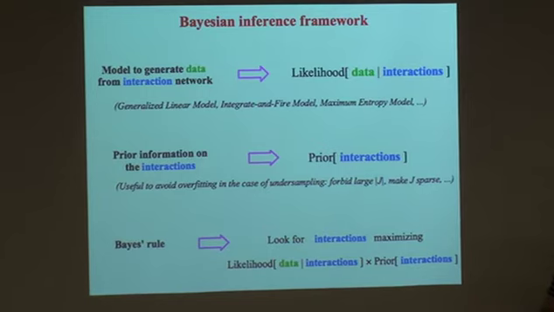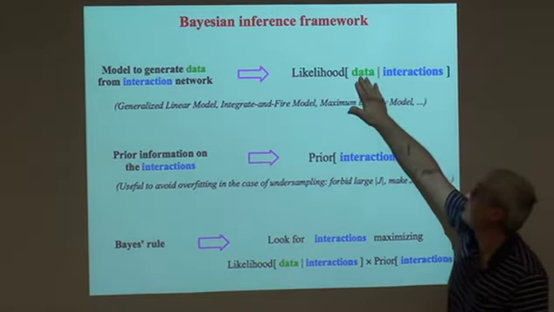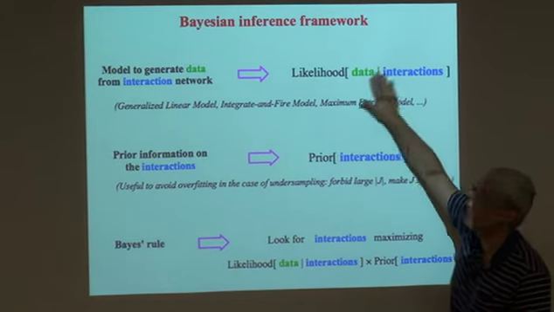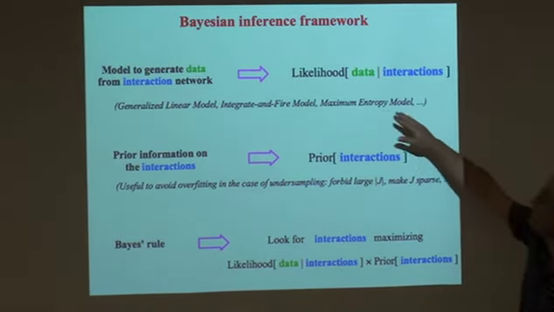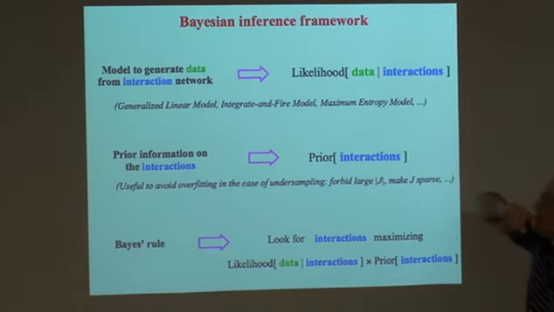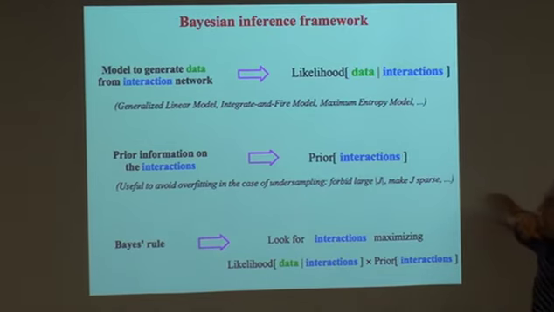So it's a stochastic model to generate activity given the interactions. All the information about this distribution over the data is in this likelihood function. This is true in all the models I was mentioning in the previous slide. I will tell you how this likelihood is defined in the next slide.